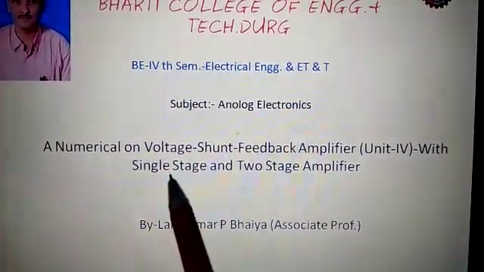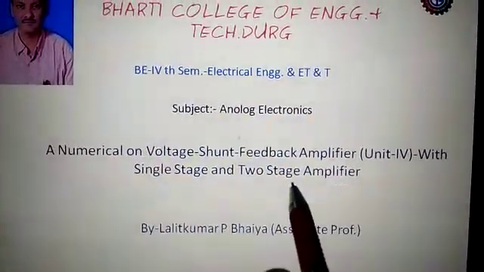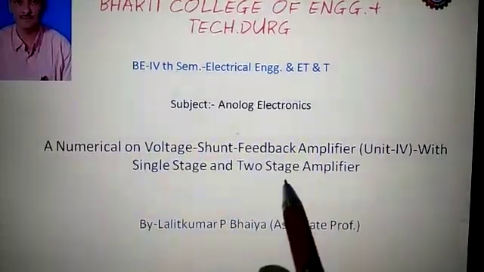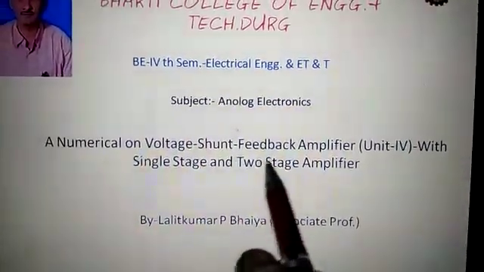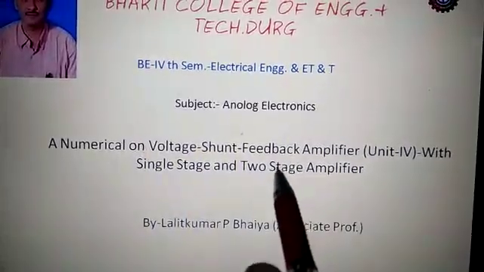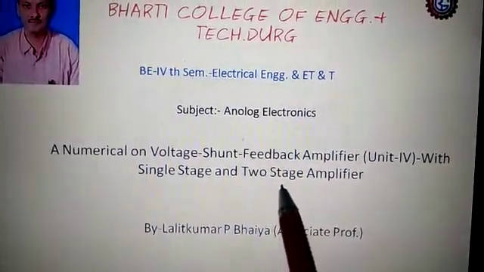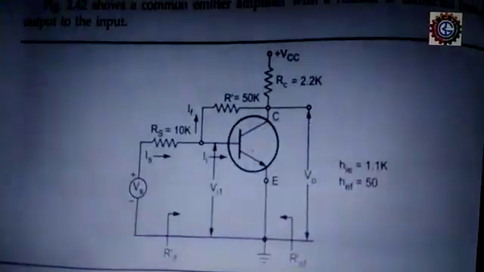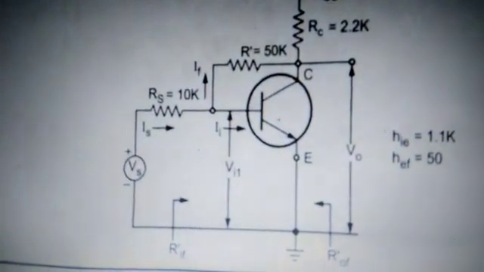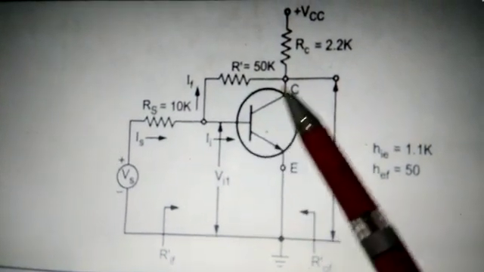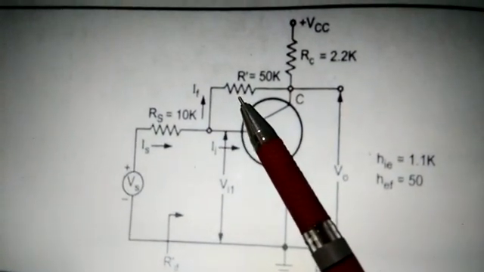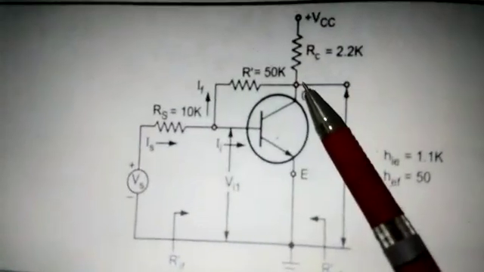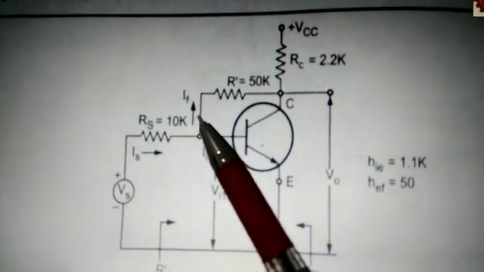Now today we will go to the two-stage amplifier problem. It is a multi-stage amplifier with feedback having the same topology, that is voltage shunt feedback, but the numerical is of a two-stage amplifier. Last time we saw this problem: a single stage with this feedback circuit. Here the output is voltage and the input is the feedback.